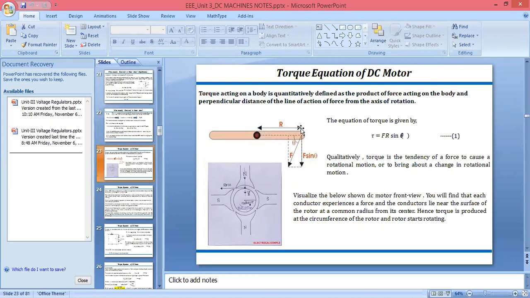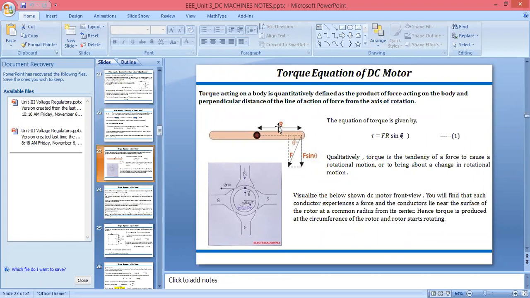If this is the armature and it is moving, we can calculate this distance, which is nothing but the radius R. The conductor, that is the armature, will be near the surface of the rotor, and we take its distance from the center as the radius.